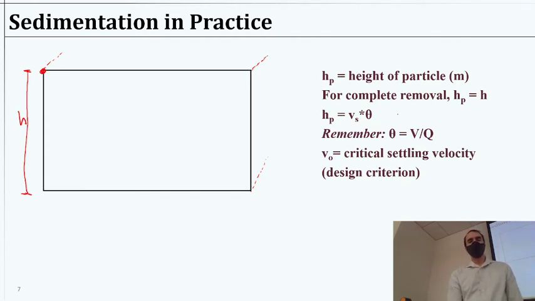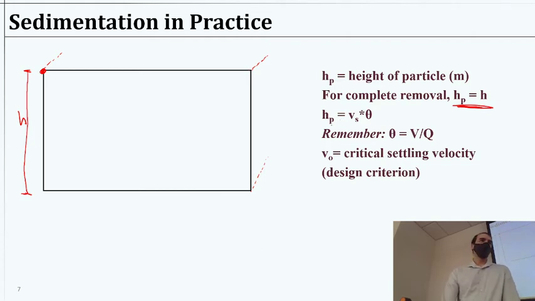That's where we say for complete removal, HP equals H. But we could also look at some particle down here and say that's HP, the height of that particle. That's how we can relate it to the overall height of the reactor or the basin.